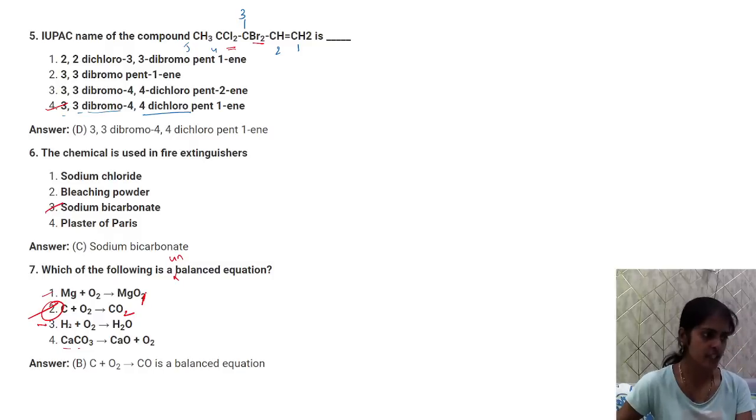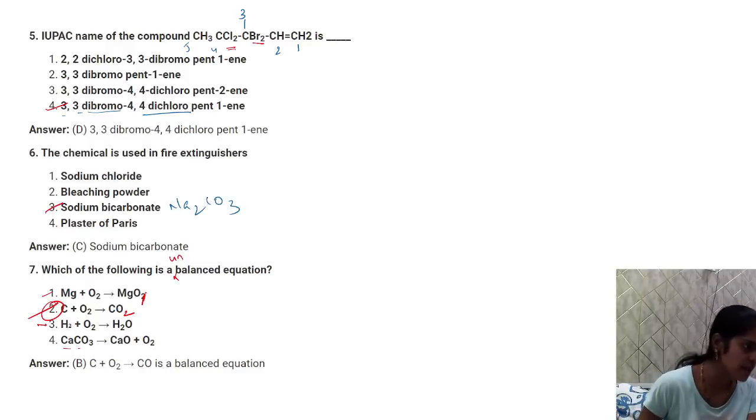Okay. Next one, the chemical used in fire extinguishers. In fire extinguishers, we use sodium bicarbonate. Okay, Na2CO3. Next one, you see, which of the following is unbalanced equation? So here, C plus O2 gives CO. C plus O2 gives CO will be unbalanced equation.